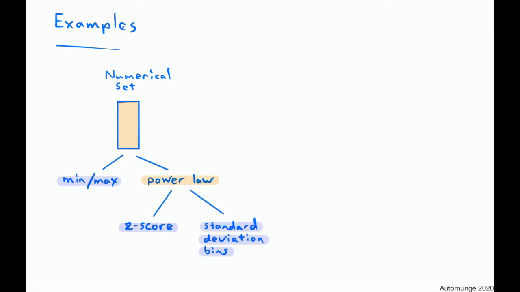varying information content. Here's an example of a numerical set with 3 different returned configurations to be presented to the training operation. First, a version with min-max scaling, and then the other 2 configurations derived by the output of a power law transformation, followed by both a z-score normalization and a set of bins based on number of standard deviations from the mean.